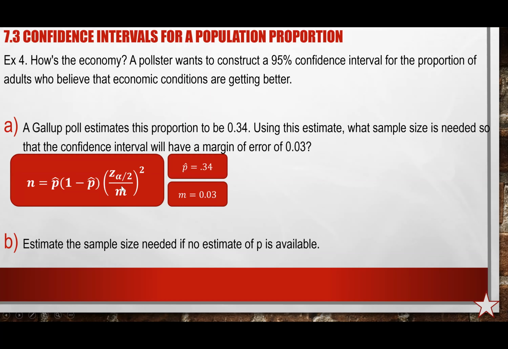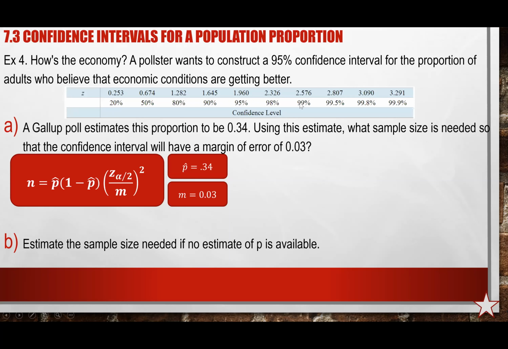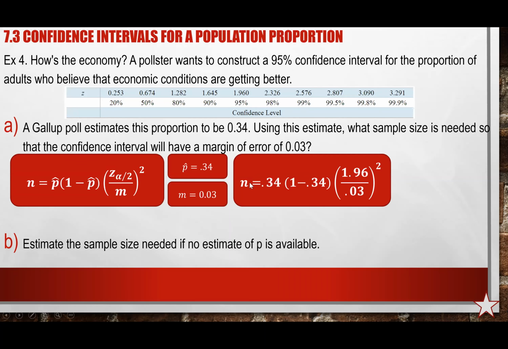The only thing we don't have for now is the z alpha over 2, the z critical value. Hopefully by now you remember that the z critical value for 95% is 1.96. If you don't, your chart is there for you, at the bottom of your table A3. So we have everything we need to plug into this formula.